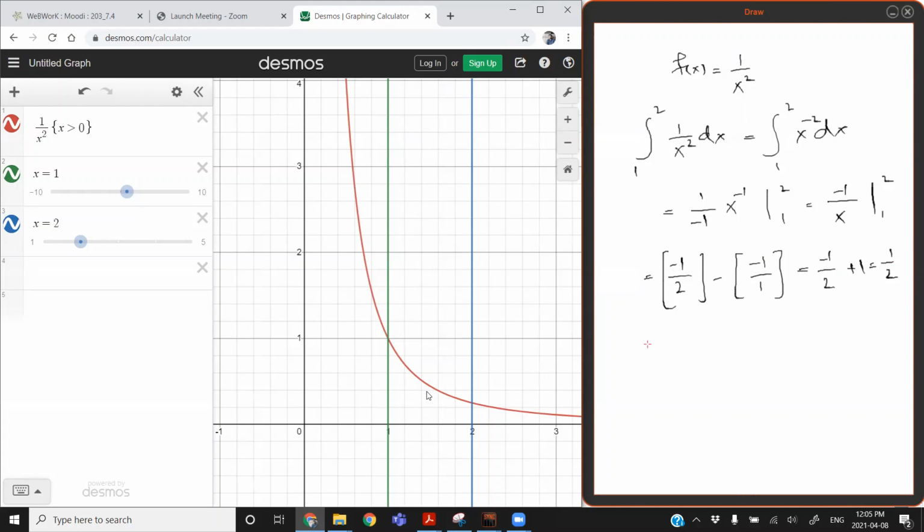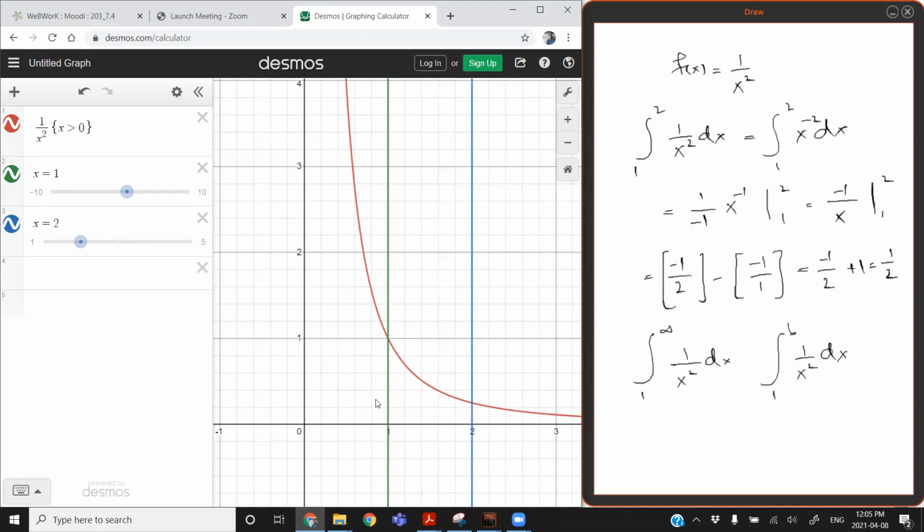What if I'm interested in the integral from 1 to infinity of 1 over x squared dx? The approach we're going to take is, rather than calculating this integral, we're going to calculate the integral from 1 to b of 1 over x squared dx. And then we're going to see what happens if we increase b.